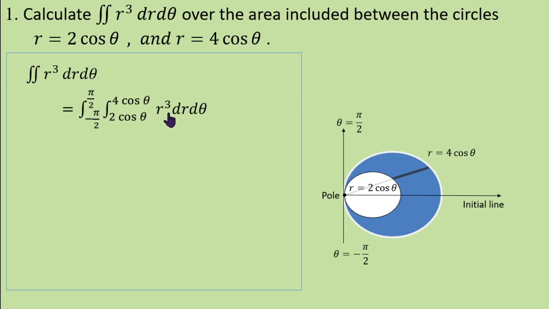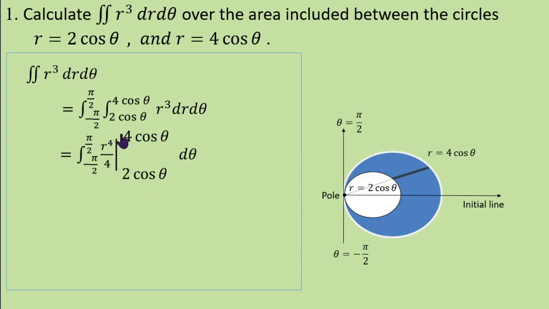That is the logic. And we know that the integral of r cube with respect to r is r power 4 divided by 4. The upper limit of r is 4 cos theta, the lower limit is 2 cos theta. When you apply the limits, it becomes 4 power 4 cos power 4 theta minus 2 power 4 cos power 4 theta.